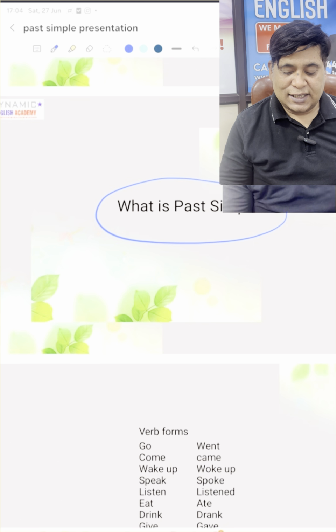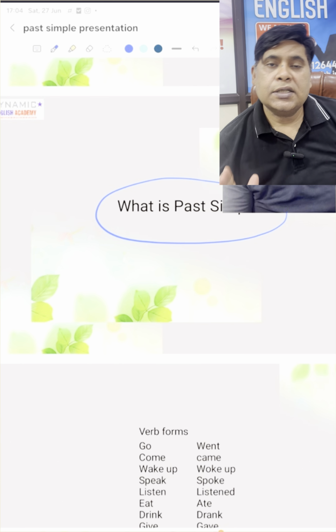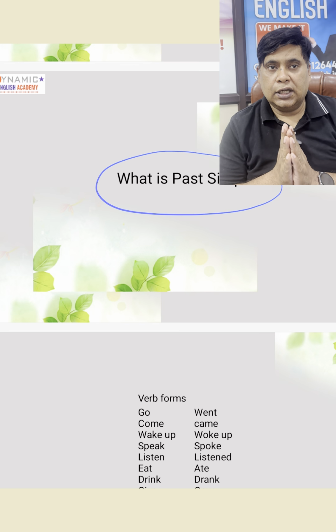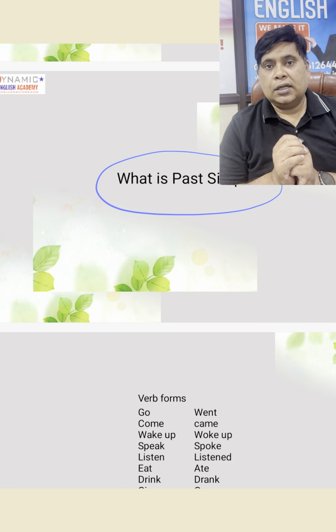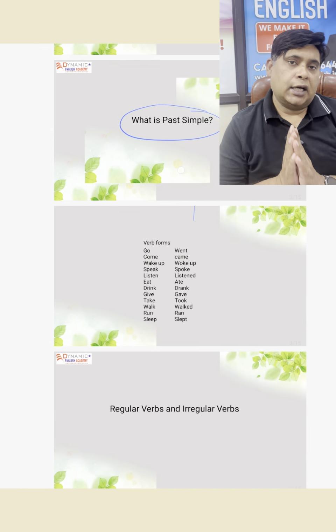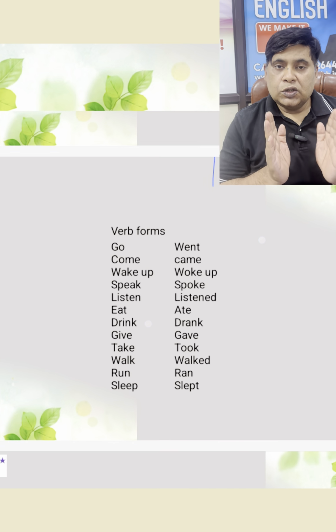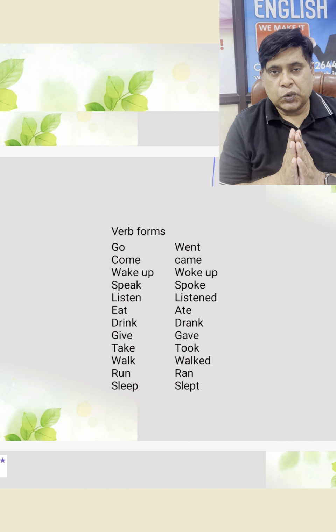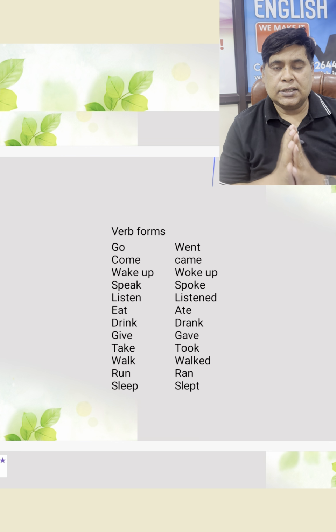What is past simple, basically? Past simple is anything which you have done in the past, any work which you did before now and completed. That is called past simple. Let me tell you how it works, how we make past sentences.